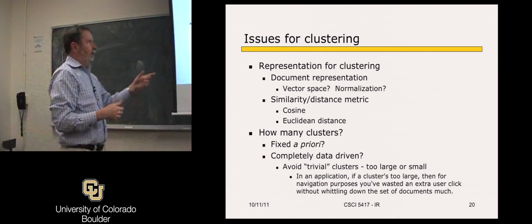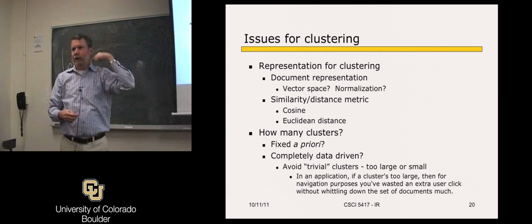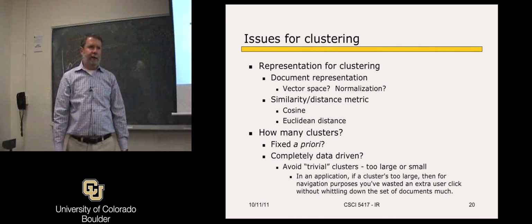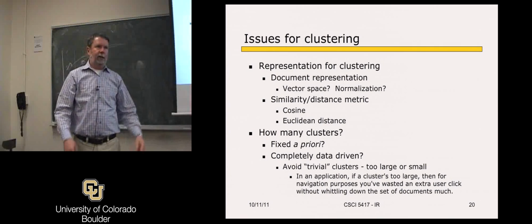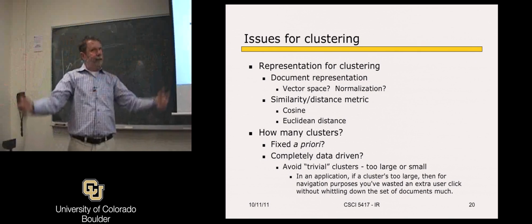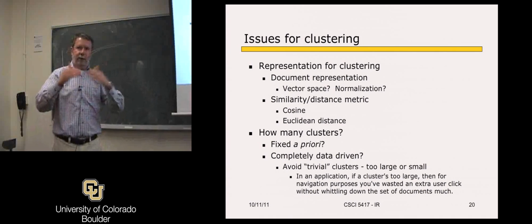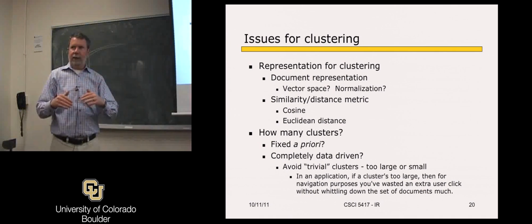How many clusters? There are a lot of clustering algorithms where you, as the user of the clustering algorithm, have to say, I want 7 clusters. Much more preferable would be one that says, here's a bunch of data, and it tells you there's 7 clusters. It turns out there's lots of different ones that sort of trade those two things off.